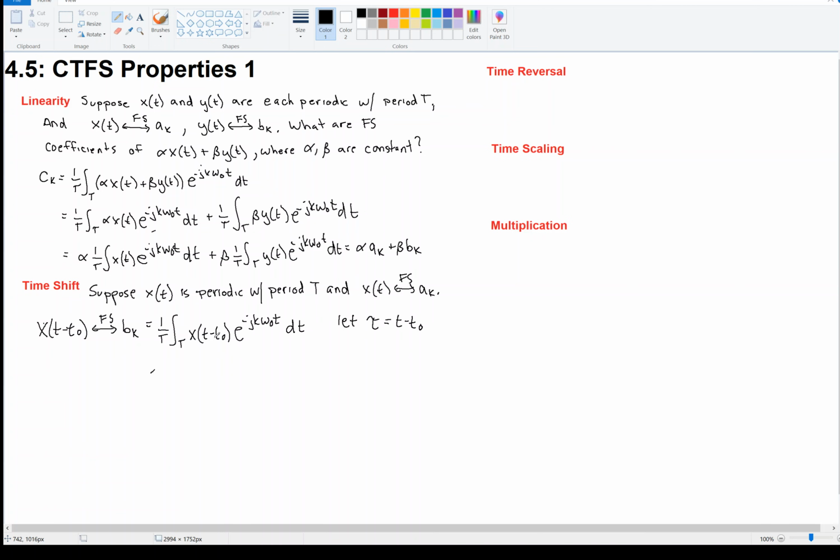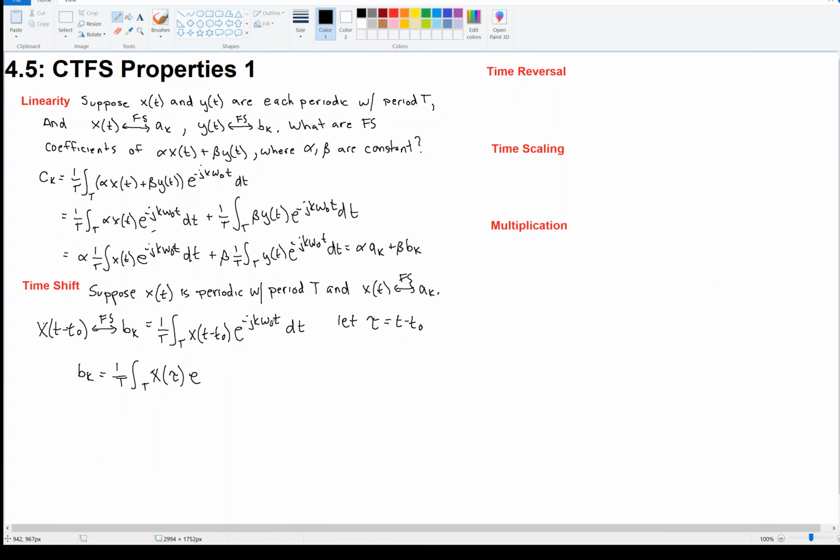But right now I have t minus t0, and the analysis equation just says x of t. So I'm going to put this dummy variable in for x of t minus t0, and then what we have is the integral over T, x of tau, right? So now that matches the analysis equation.